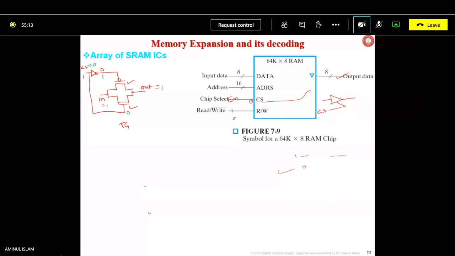Okay? So 8 will be required here. This kind of symbol is maybe this kind of buffer symbol. If it is 1, then in is equal to out. Okay, whatever in is, that is out. Understood? Yes, sir.